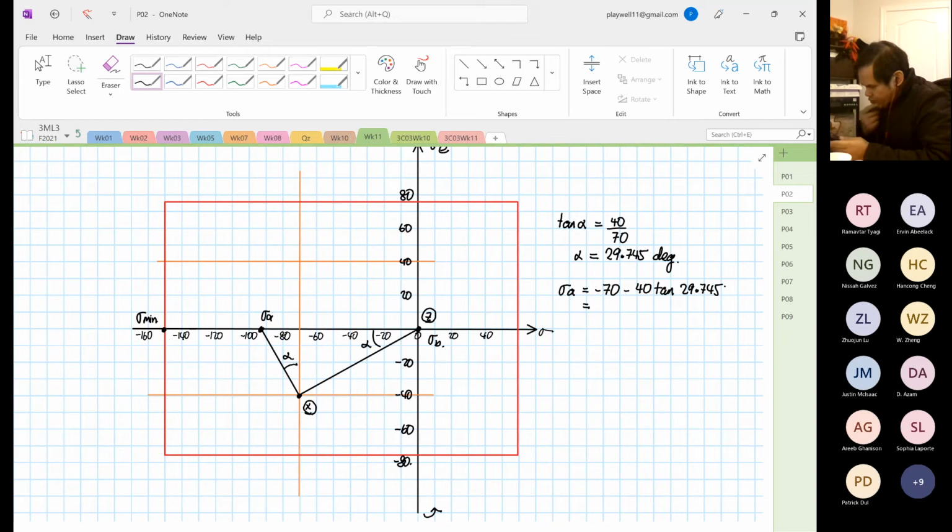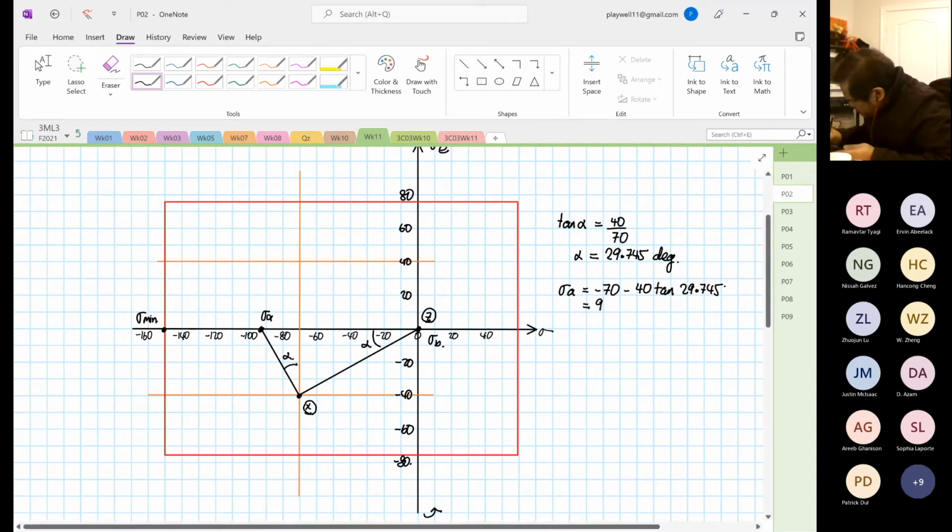So this is minus 92.857 megapascal. Let me check if it's right.